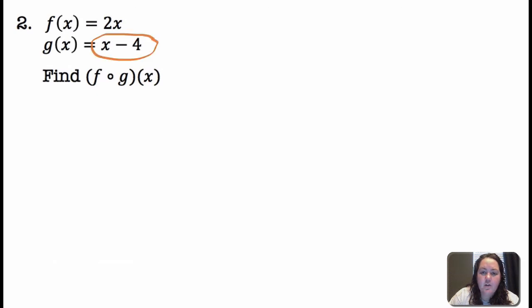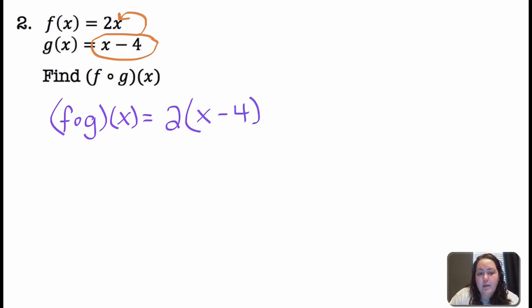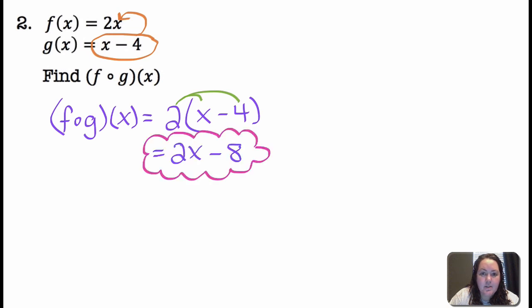So you're going to take your g of x function and plug it in where x is in your f of x function. f of g of x is equal to 2 times x, but I'm replacing the x with x minus 4. So it's 2 times x minus 4. Then I would distribute the 2, which gives me 2x minus 8, and that is my solution.